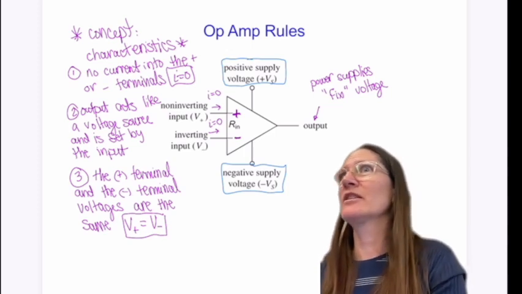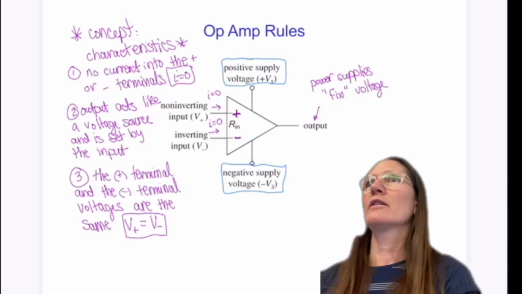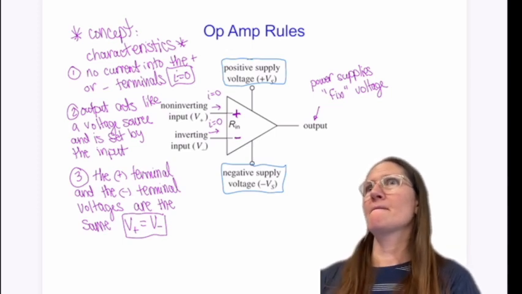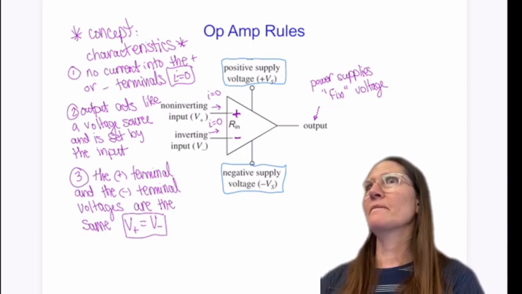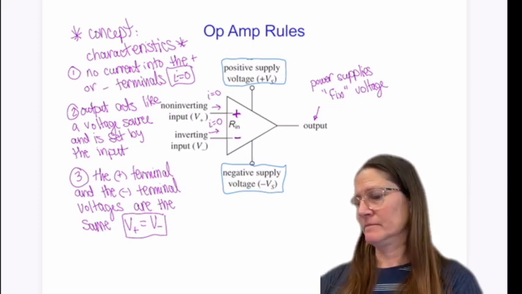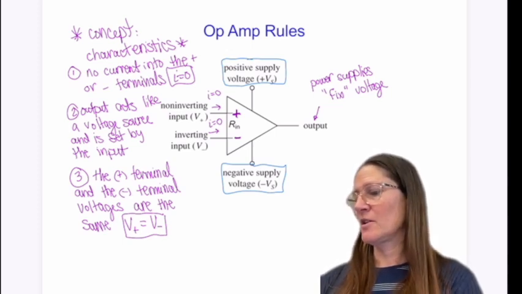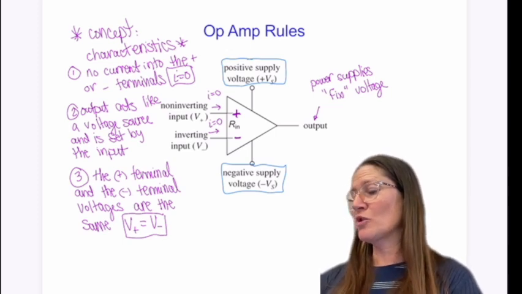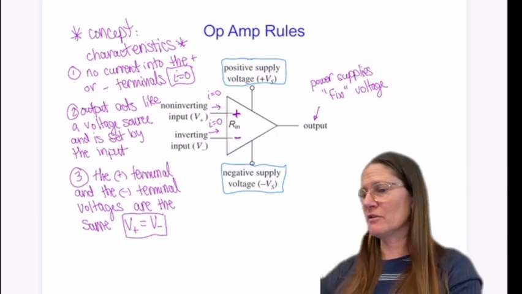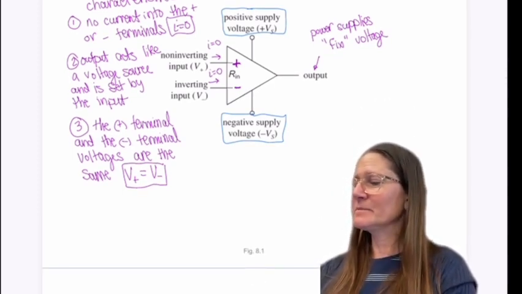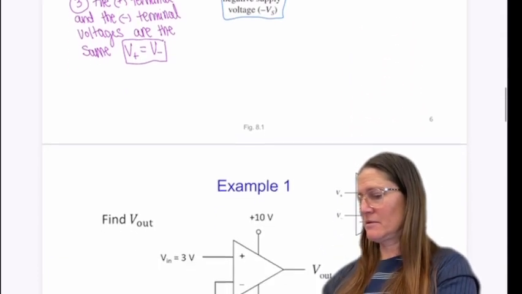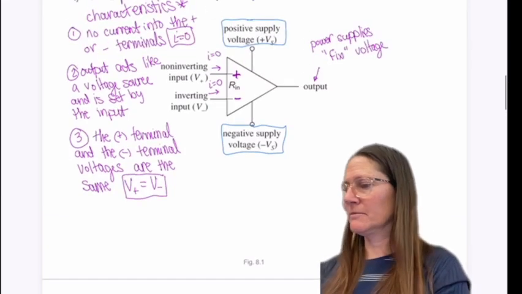Yes? In the lab, we did like a comparator, and the plus voltage and the minus voltage, you compared them, and it only had an output if the plus voltage was higher. But the third characteristic, you said they have to be equal. How does that work? So it depends on how it's configured. Okay.